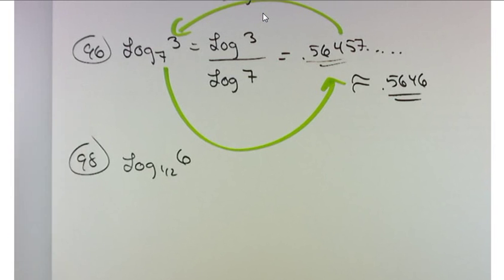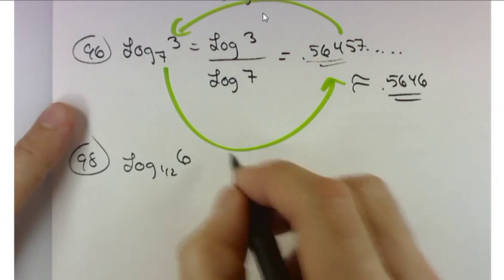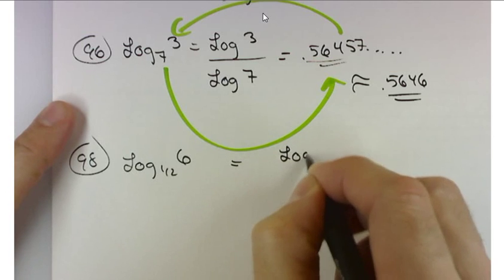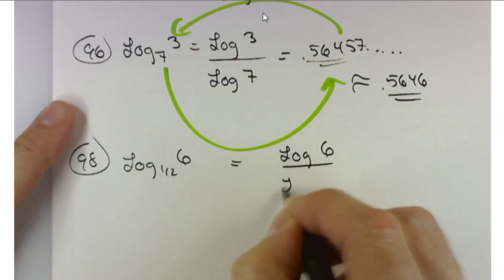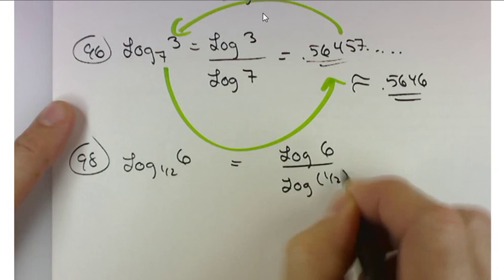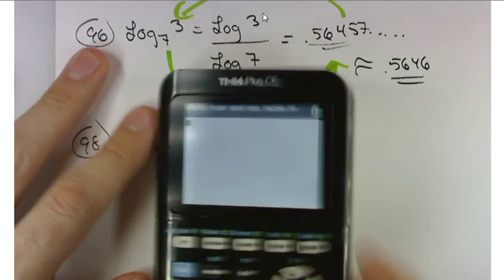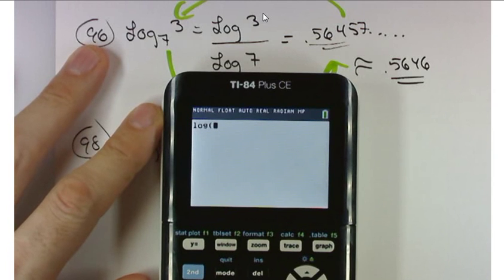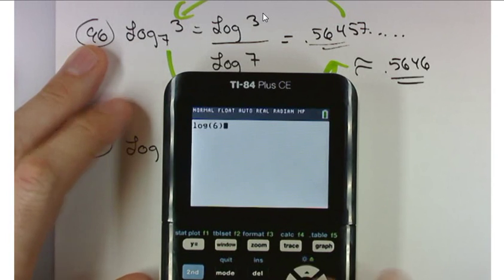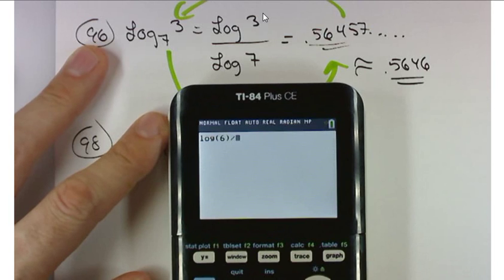I'm guessing a negative number. For your convenience, you can type in 1/2 as just 0.5. You don't have to type in 1 divided by 2. So log of 6 divided by log of 1/2, divided by log of 0.5.